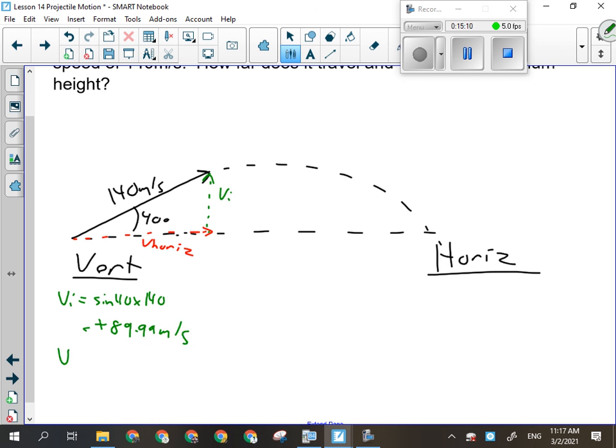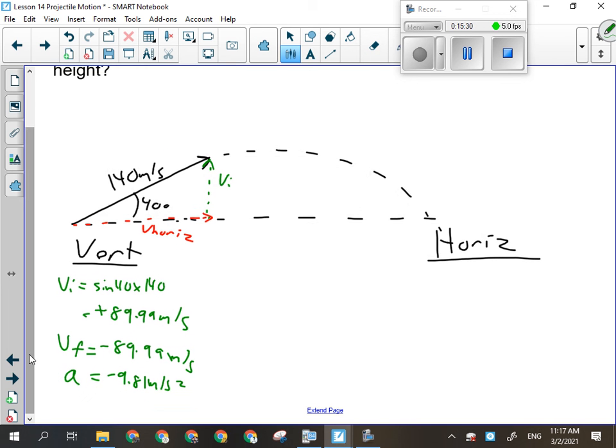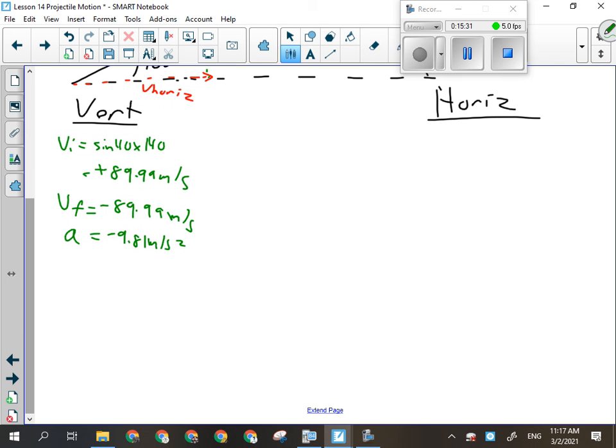So what does that mean VF is? Same but negative, if we're talking about the whole trip. If we're talking about the maximum height, which we will be in a minute, it will be different. And then our other piece of information here is acceleration, negative 9.81 meters per second squared. Since we're working with the vertical information, what can we calculate right now that we always need? Time.